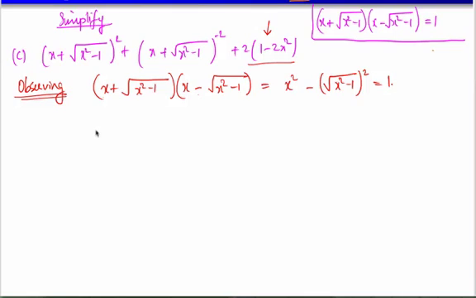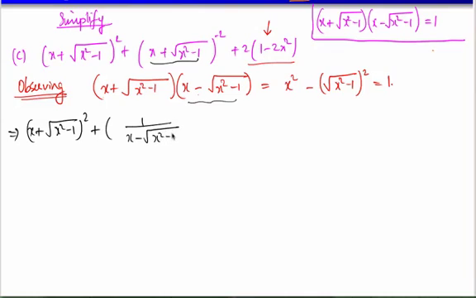So now what I do is, just observe the way I play with this problem. I write the expression as x plus square root of x square minus 1 the whole square plus, now this part I replace by this particular part. So it comes out to be 1 upon x minus square root of x square minus 1 the whole raised to minus 2, plus 2 times 1 minus 2 x square.